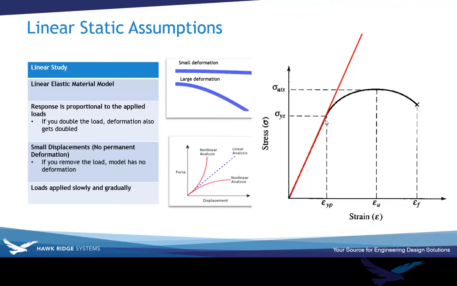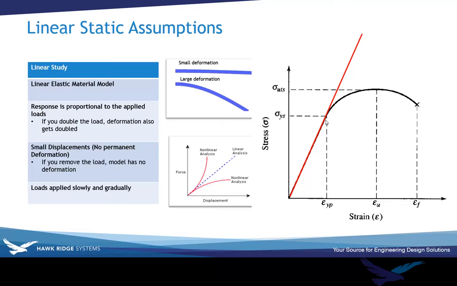For instance, if I apply a load and get some deformation, if I double the load, I double the deformation. That behavior of force and displacement is linear, right? Anything aside from that is classified as nonlinear behavior.